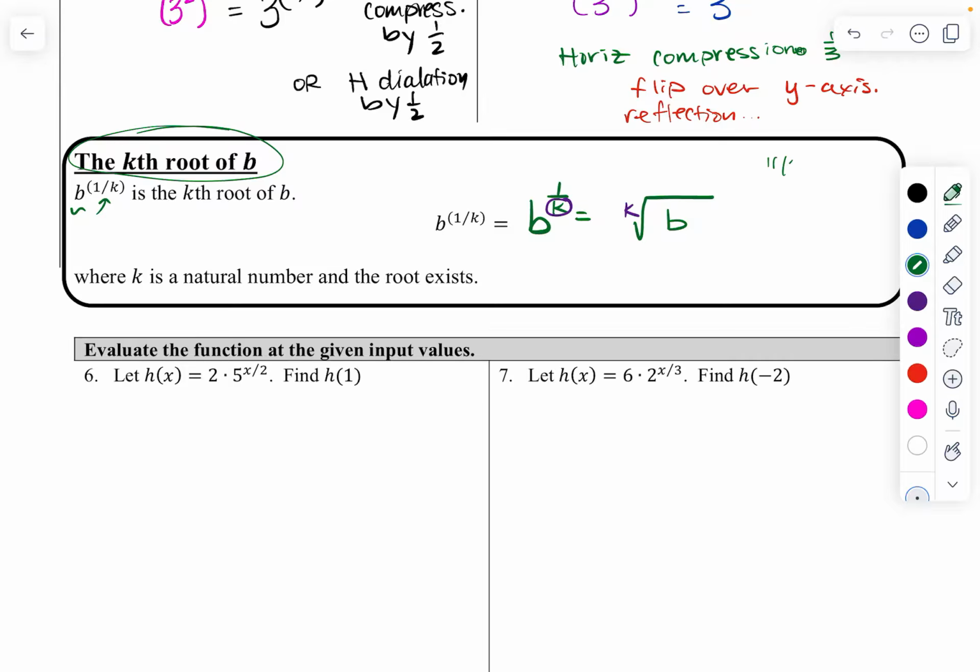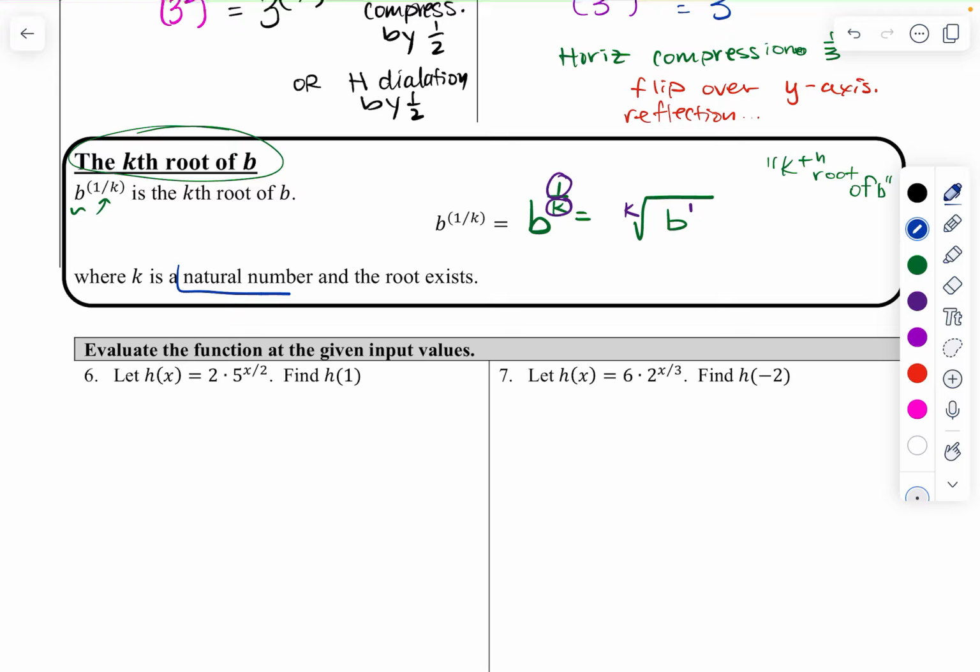We call this the kth root of b. We also see here this 1 is actually an invisible 1 right here. So whatever is in that numerator is your power on whatever's inside that index.